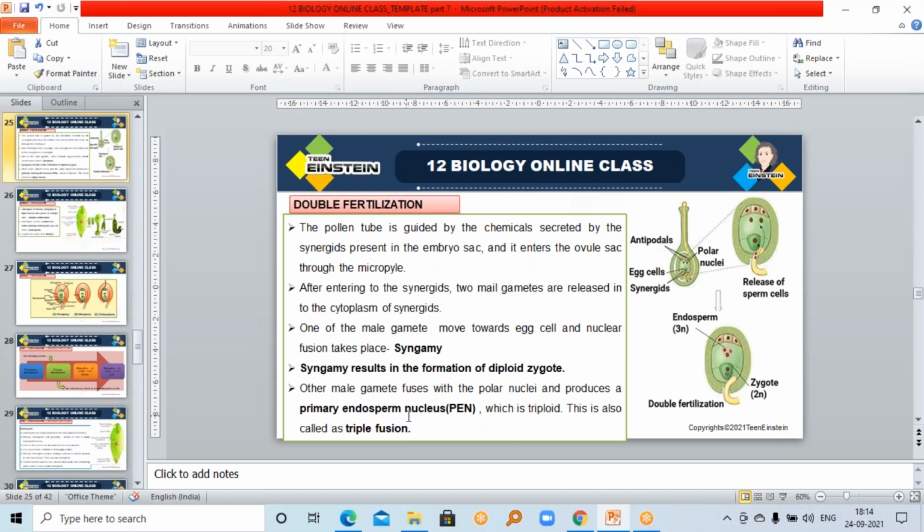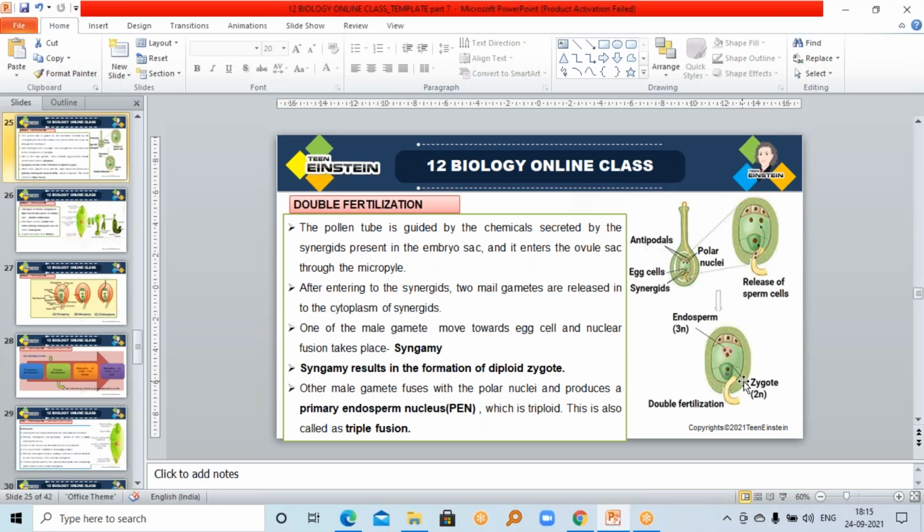It is triploid because the secondary nucleus is already present at the center, and to that the remaining male gamete is fused.